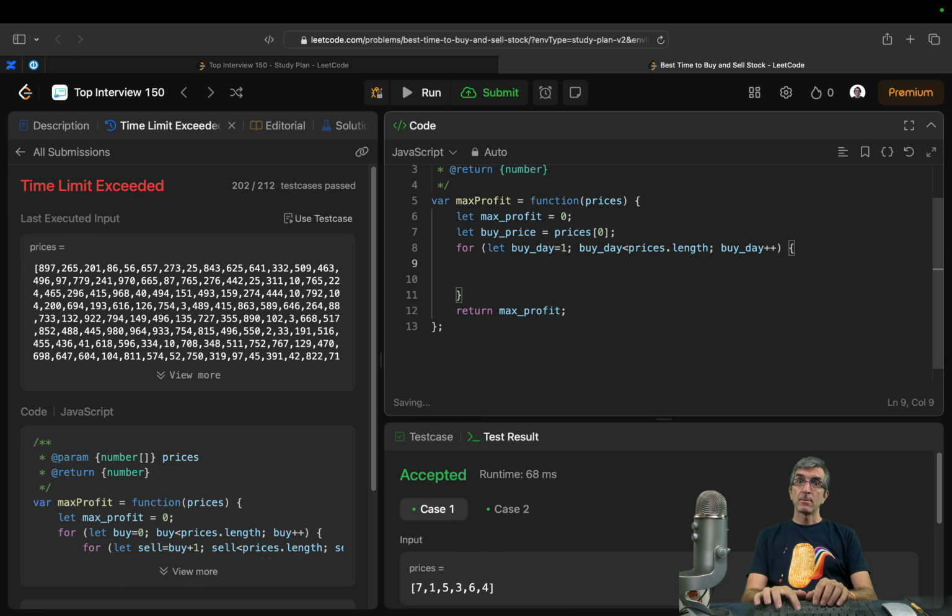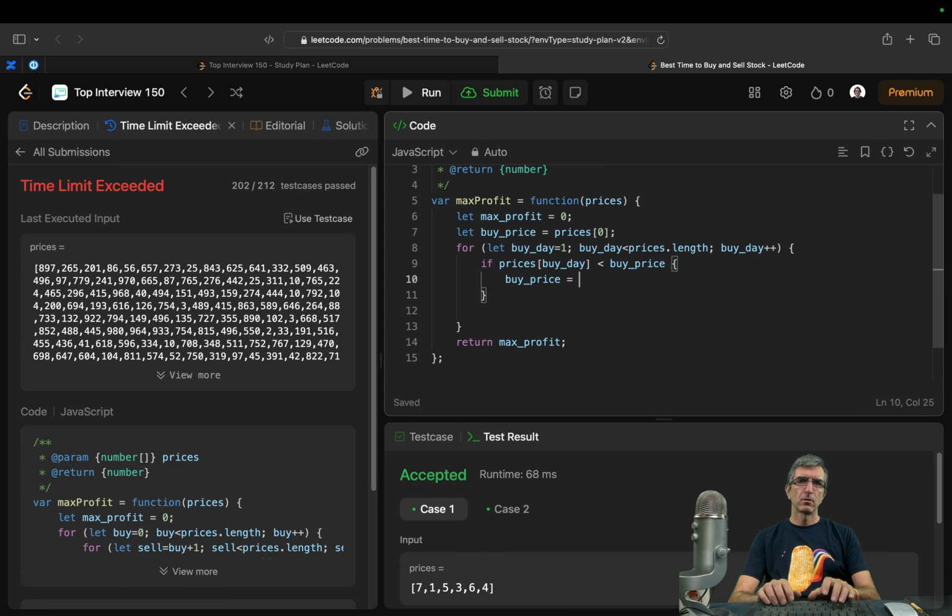For example, if the price of this specific day is smaller than my already buy price, I can update my buy price. And in JavaScript it's kind of like C, so I need this. Else I can check my profit.